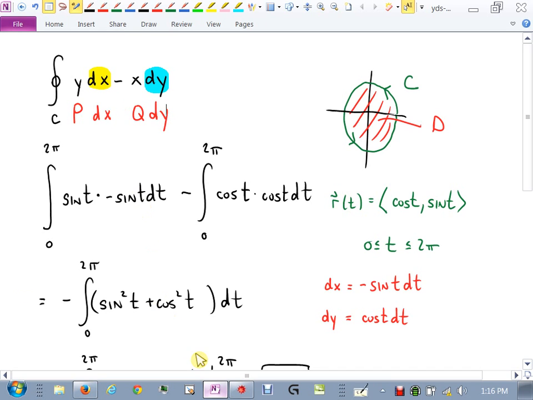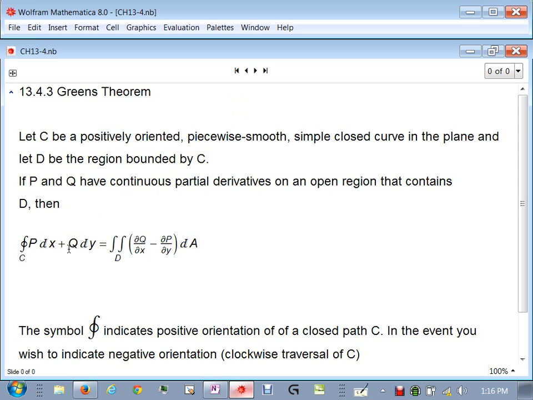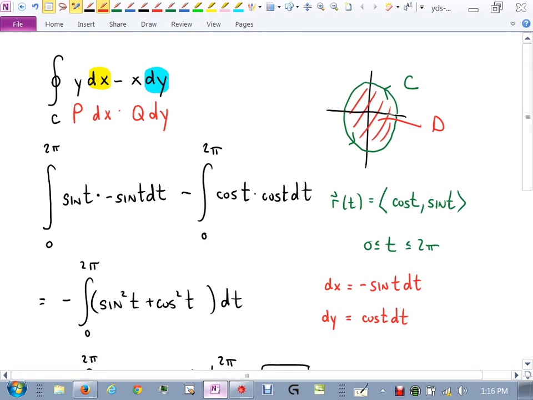What does the theorem have in it? Does it have minus or plus in the theorem? It has plus, right? So when I go back here, I can look at this as being plus Q of x. So what's P in this problem? And what's Q? Negative x, right? So let me use Green's theorem instead.